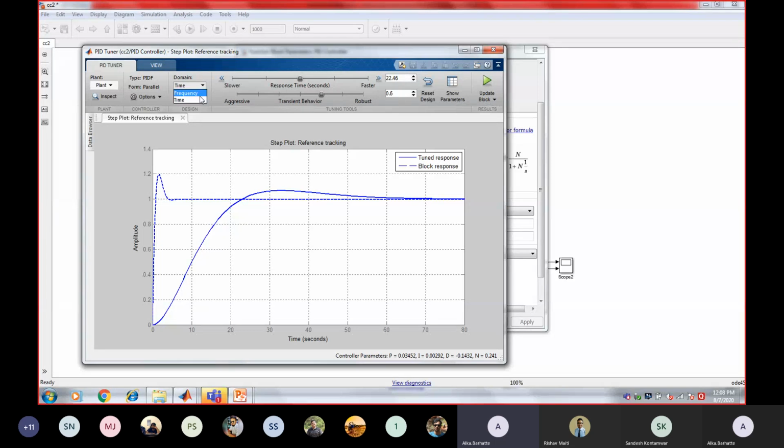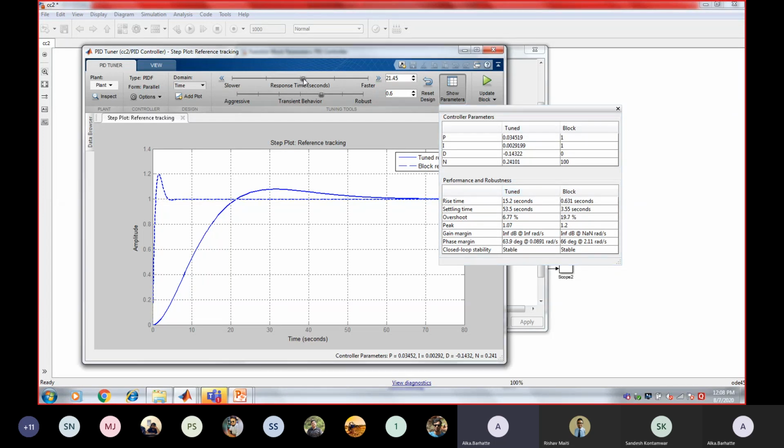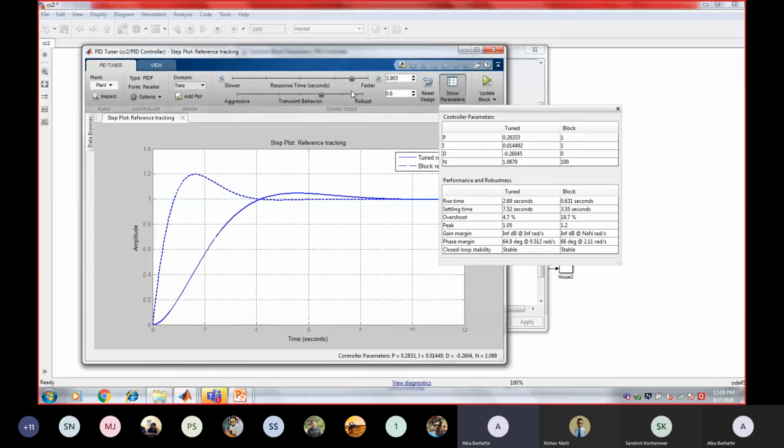We are analyzing that in the time domain, not in the frequency domain. Here you can observe the current block parameters and tuned parameters, and accordingly you can reduce. Now the overshoot has been reduced, but the response time has increased. That response time can be reduced by just using this slider. So this is something better.